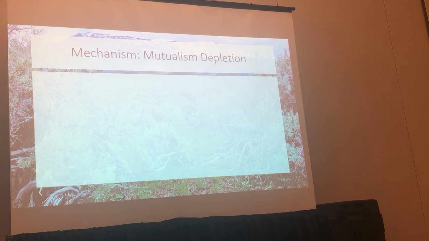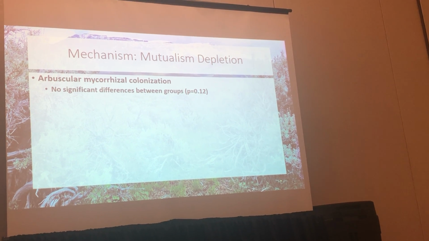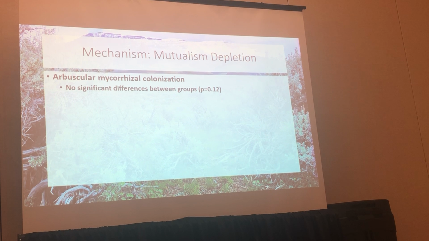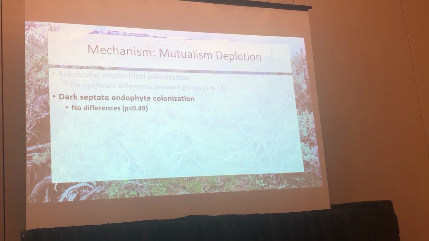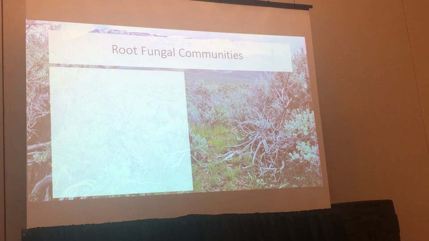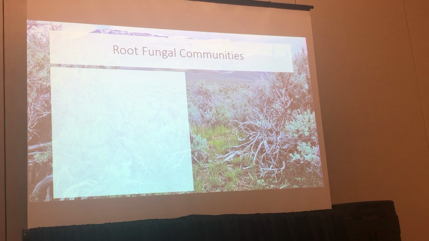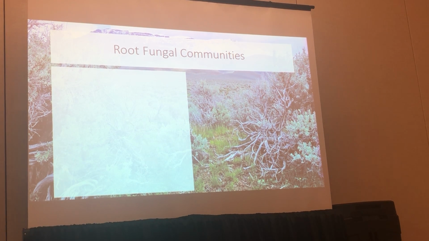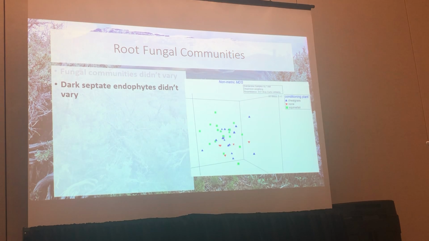No differences. Now we looked at mutualism depletion and struck out a bunch. Arbuscular mycorrhizal colonization, no significant differences between groups. Dark septate endophyte, no differences. And then looking at fungal communities, using genetic sequencing to describe communities, fungal communities did not vary.